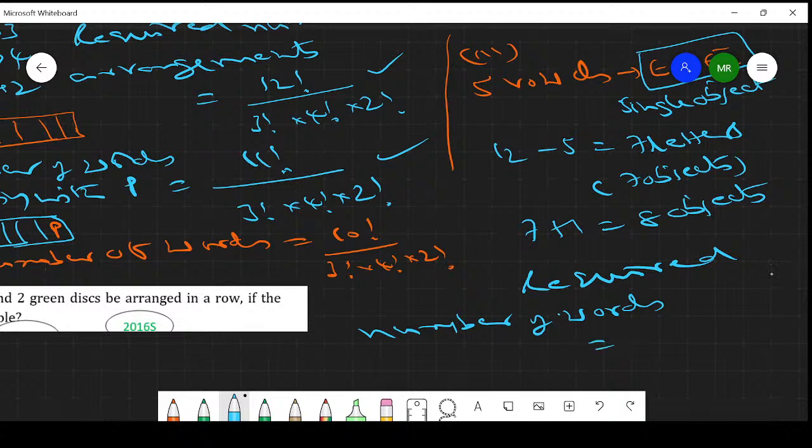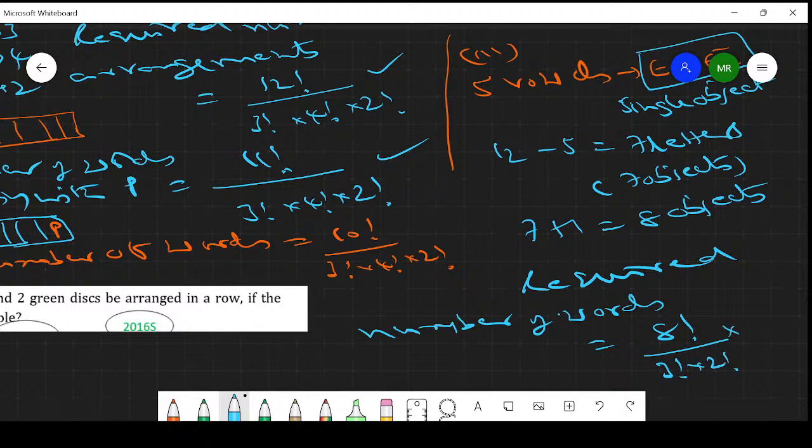Required number is equal to, we have 8 objects, so 8 factorial by, for the repetition, 3 factorial, because N appears 3 times, and D appears 2 times, 2 factorial.